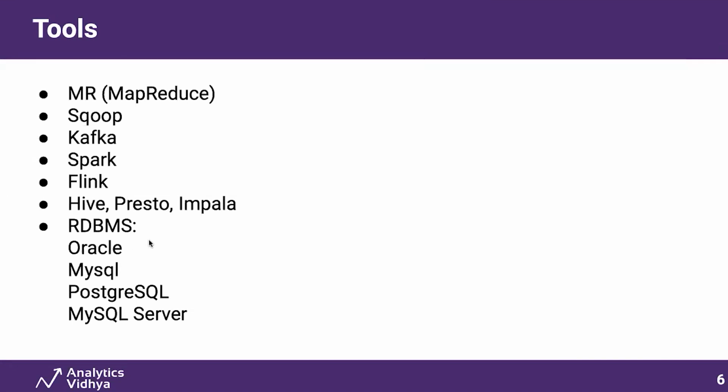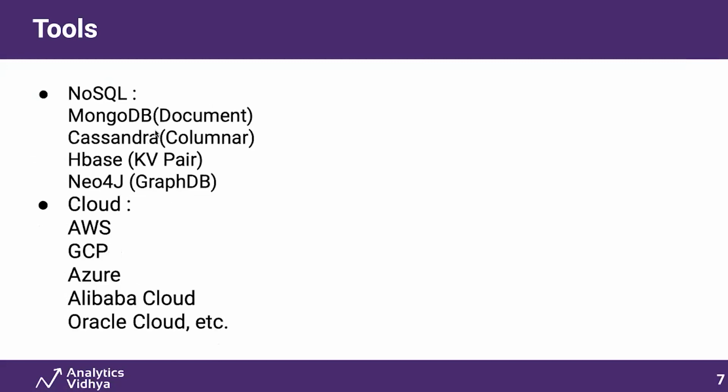RDBMS, I'll not dive deep into this because I'm pretty sure everybody is aware. Oracle, MySQL, PostgreSQL, and SQL Server. Yes, NoSQL. So we have categorized this into 4 categories. First is your document, second is your columnar, third is your key value pair, fourth is your graph DB. On the left hand side, we have examples of these. MongoDB and CouchDB come in the document category.